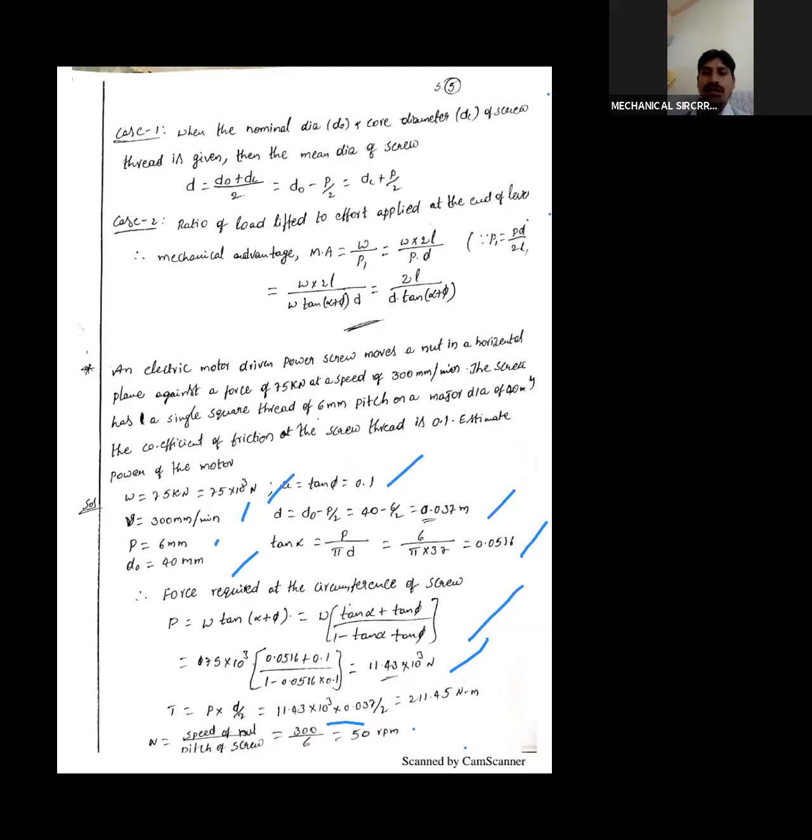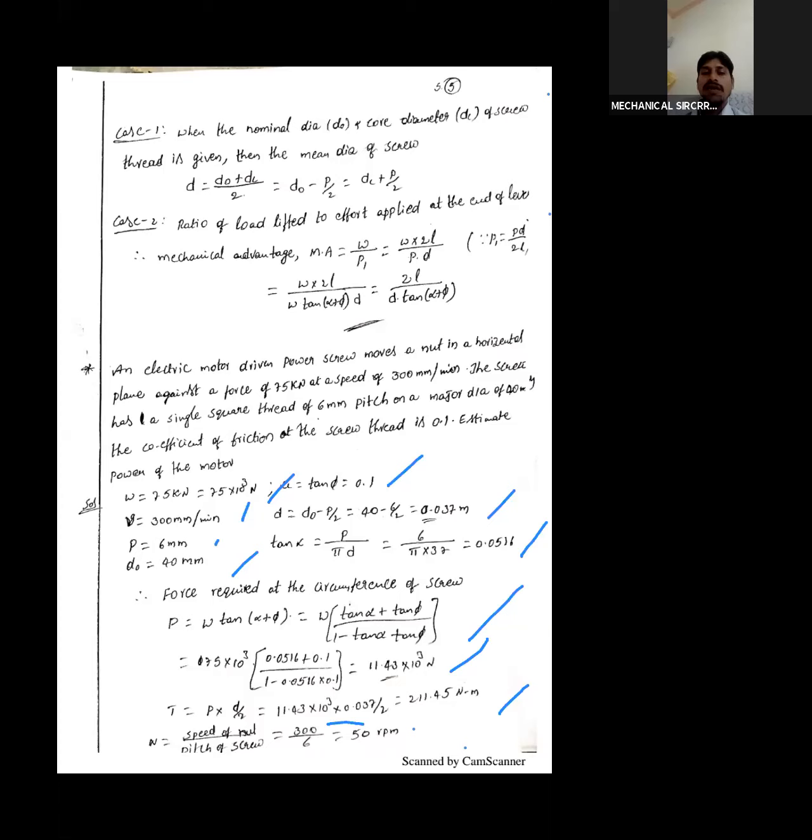Simply we get the torque required, which is 211.45 newton meters.